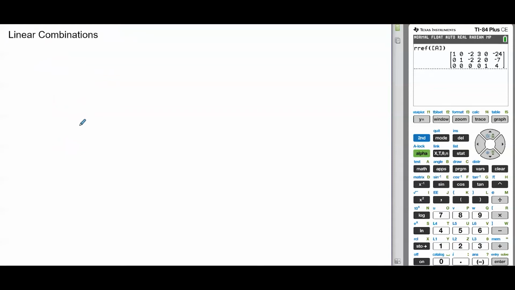And this is one of the most important concepts in linear algebra, the linear combination. So a linear combination looks like this. You've got a vector y, and you can write that vector as a sum of other vectors, and there could be many of these.